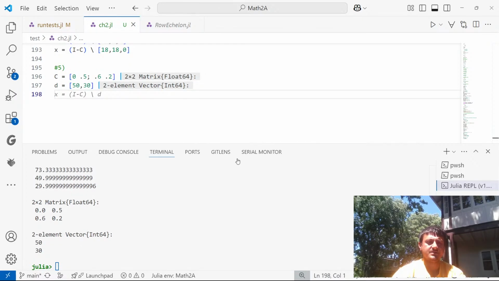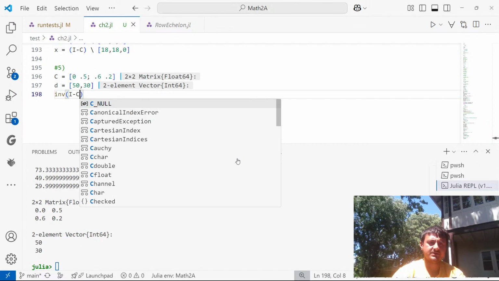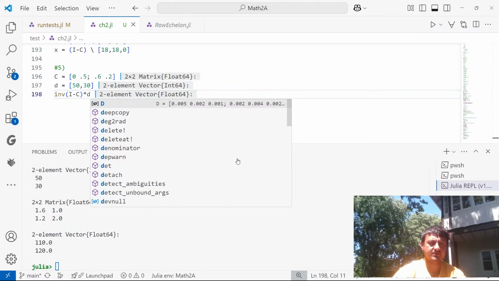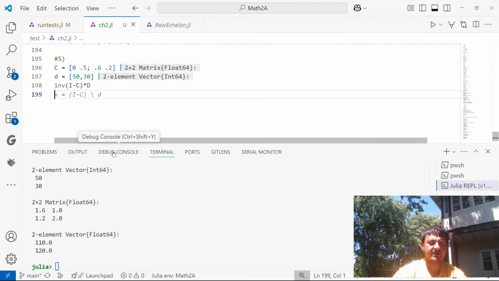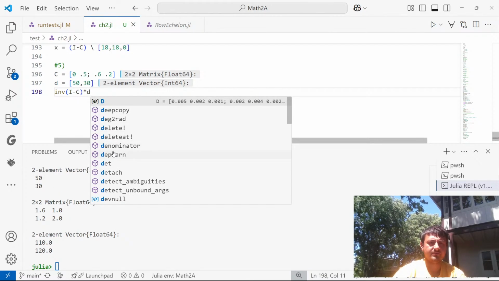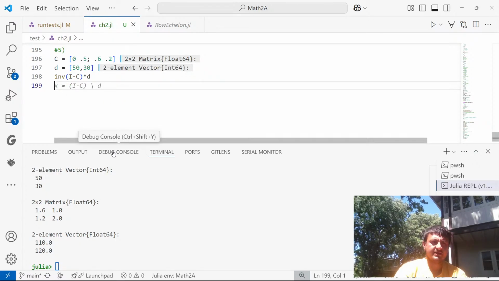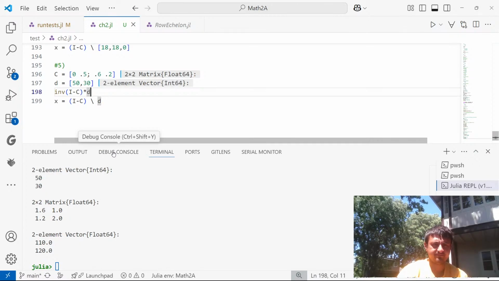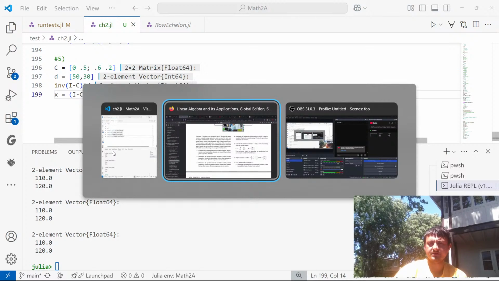And what we want is the inverse of I minus C times D. Okay, let's just double check that these are the same. Nice. Okay.